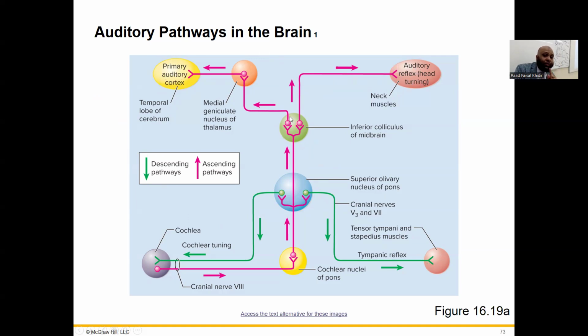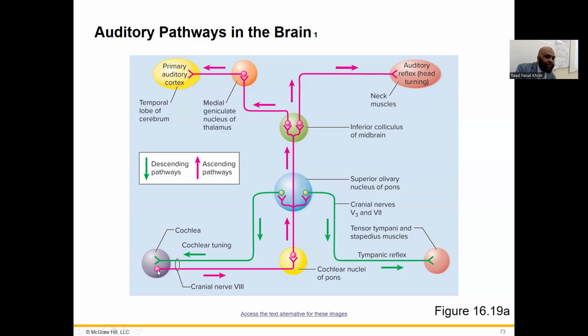And those two, the green center and the blue center: the green center is the inferior colliculus of the midbrain, and the blue center is your superior olivary nucleus of the pons. So the arrow has to actually head towards these centers.